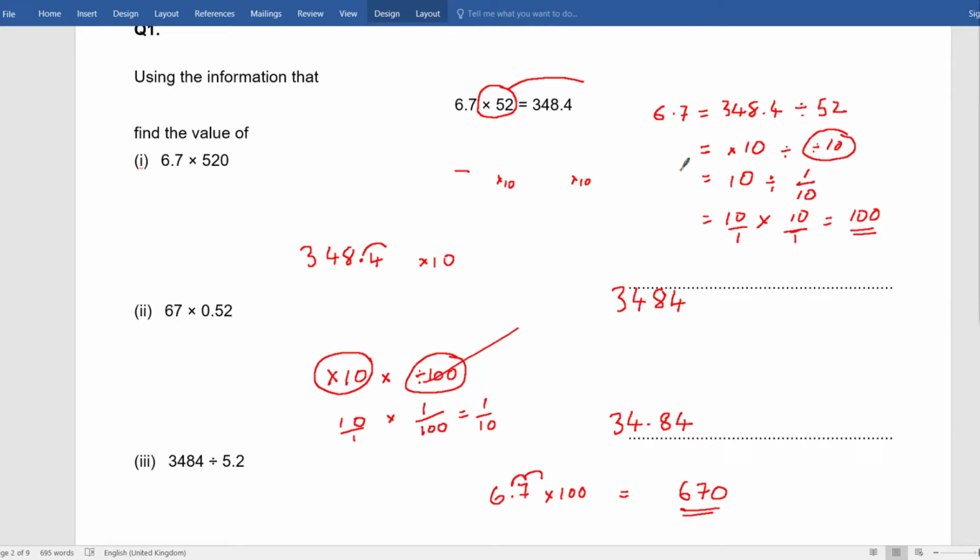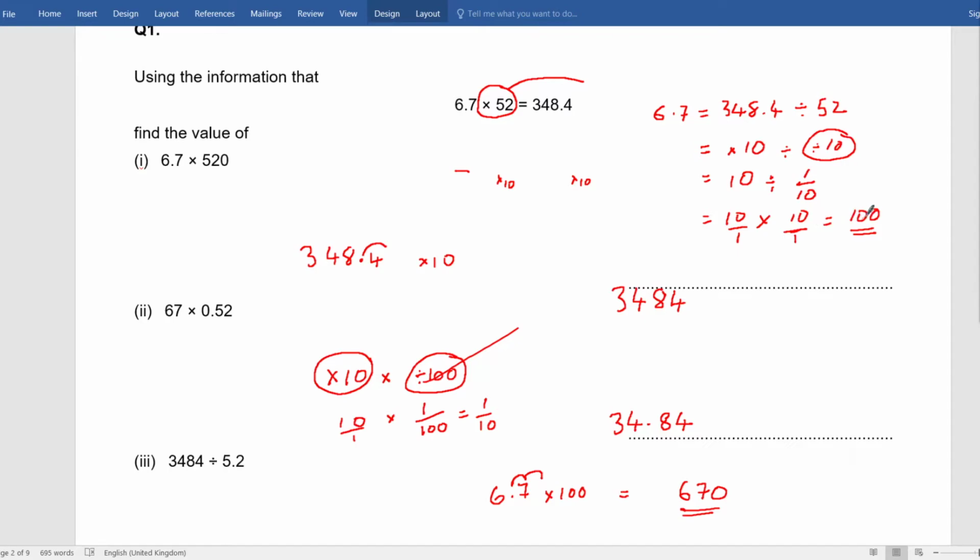As we can see here, so what happened here was, again recapping, this number became 10 times bigger, this number became 10 times smaller. 10 times smaller is the same as 1/10. If we do 10 divided by a tenth, using our rule of keep, flip, and change, keep that as it is, flip the 1/10 to 10 over 1, and change the division to a multiplication.